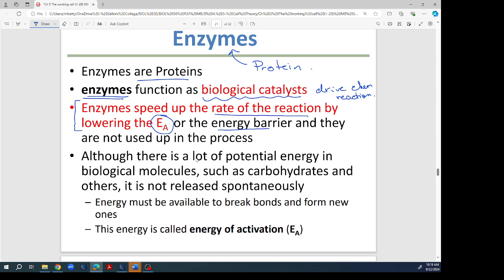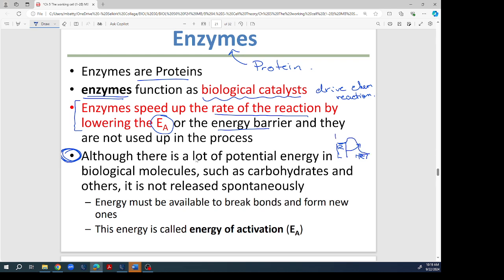So if we were to talk about this, there is a lot of energy in biological molecules, such as carbohydrates. Digesting them would be an exergonic reaction, right? But in order to get from my reactant to my product, sometimes you have to break some bonds in order to make the new bonds.